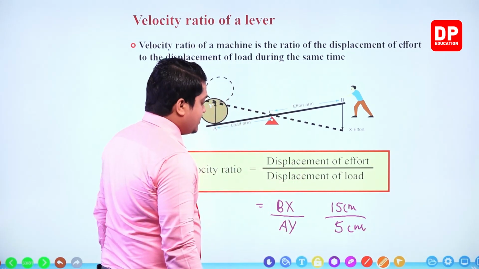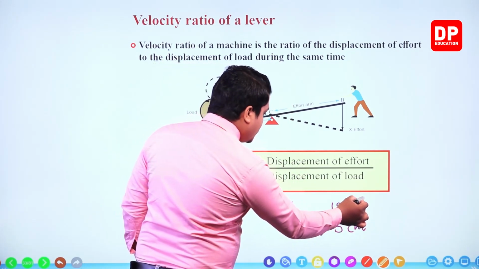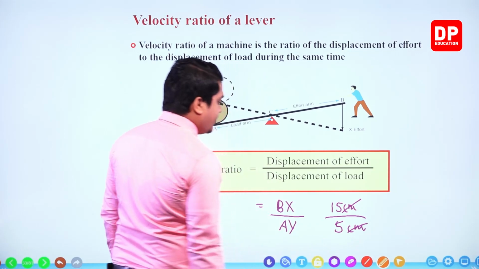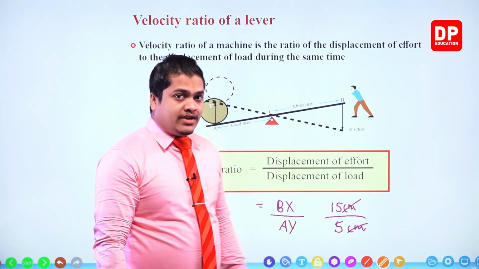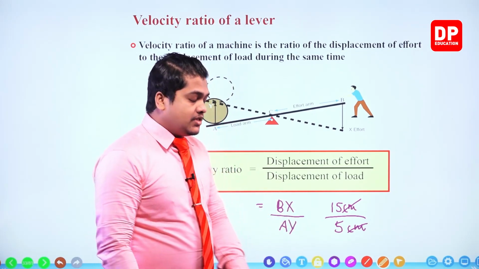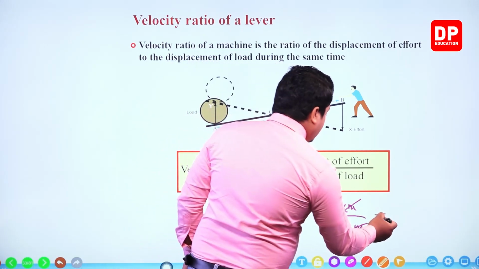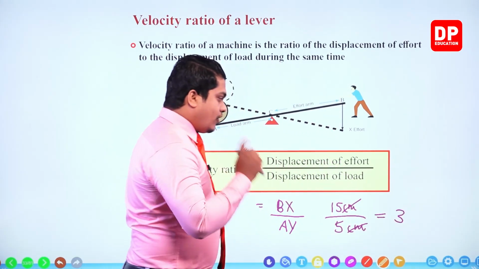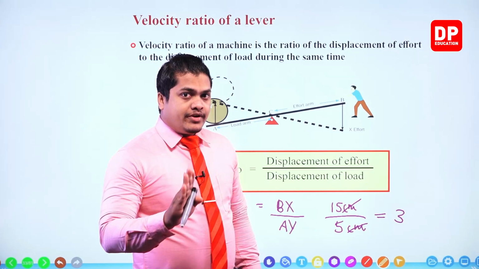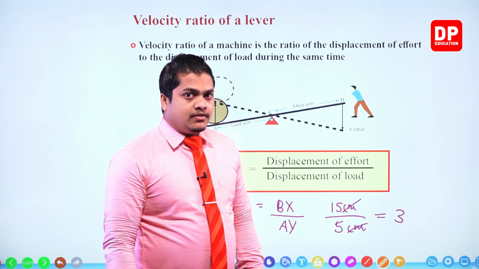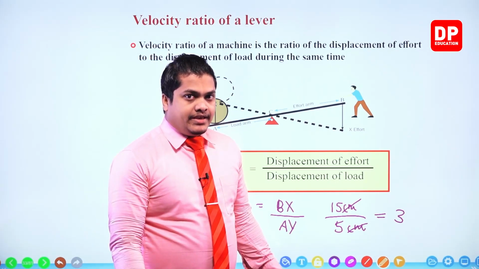First and foremost, upon a division, the two units cancel each other. Then we get a certain value, and for that value there are no units. Just 3.